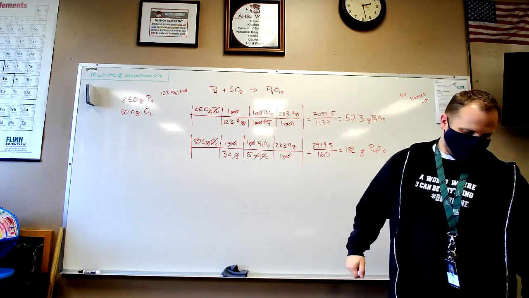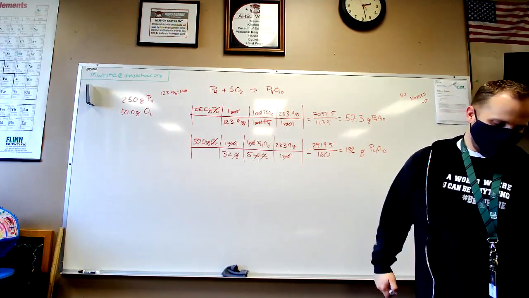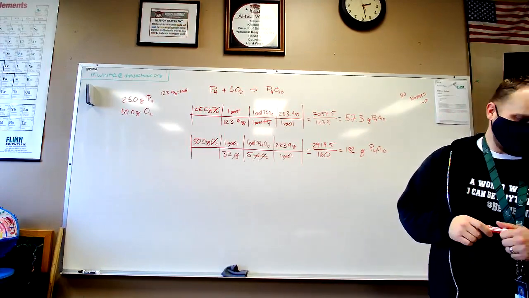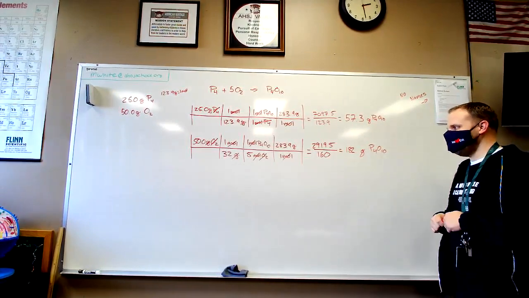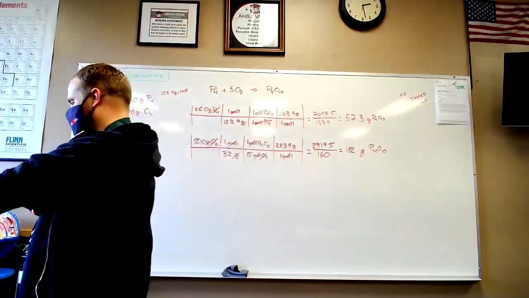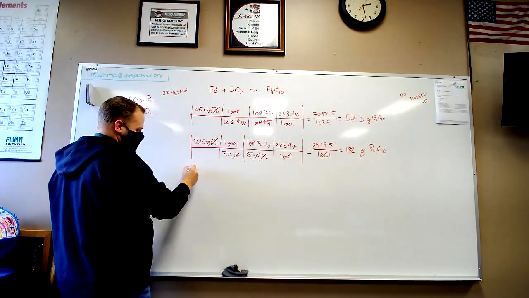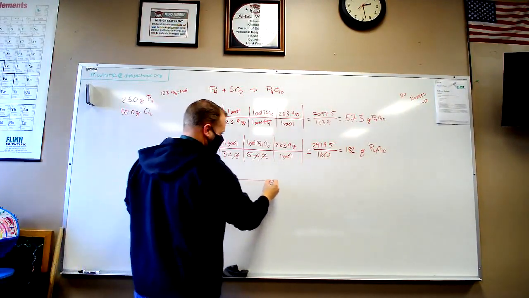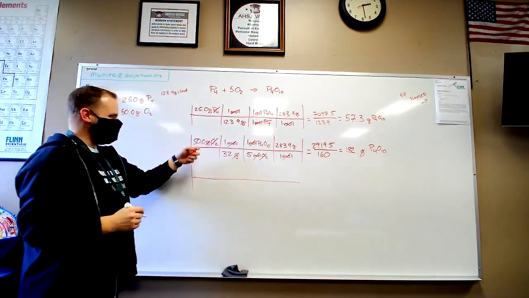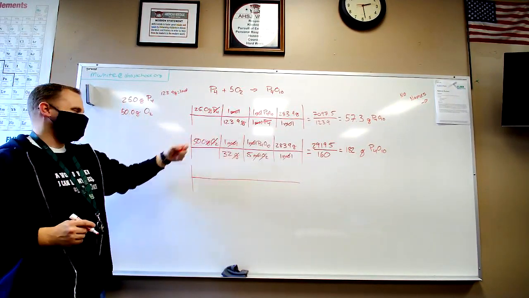The second part, how much of the excess reactant remains after the reaction stops? This is just another stoichiometry problem. And when we do this, we start with the excess reactant. Start with the excess.